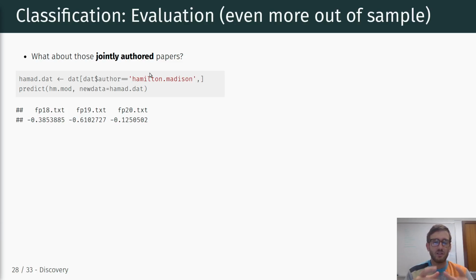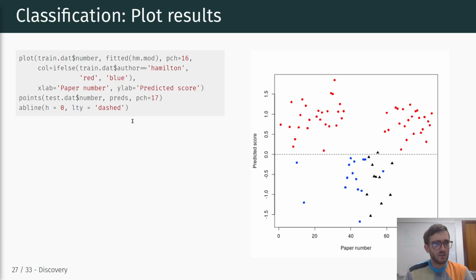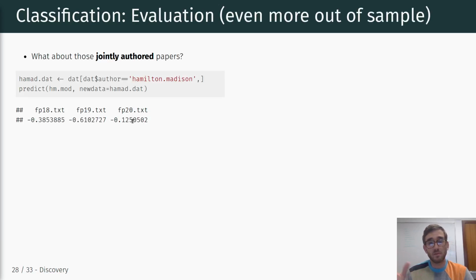So one interesting question could be, if there's a co-authorship, to what extent does the language resemble one author more than the other? In this case, these three jointly authored documents resemble Madison more again.